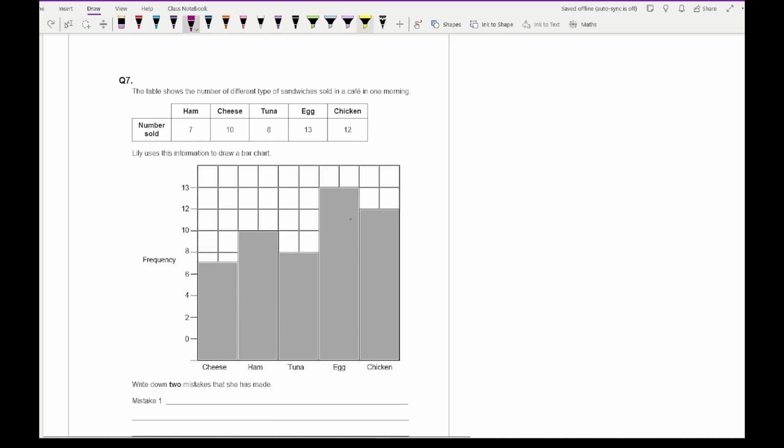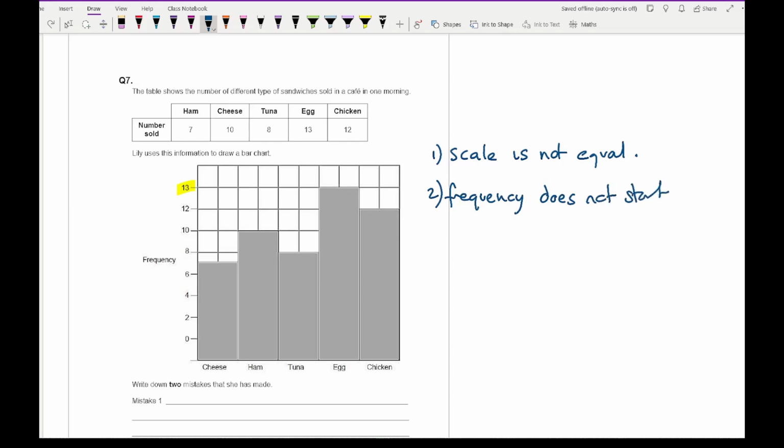The first one that I notice is that the scale is not equal. Another mistake is that the frequency does not start at 0.